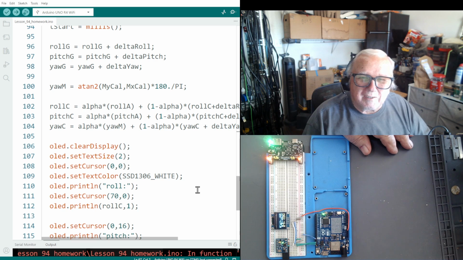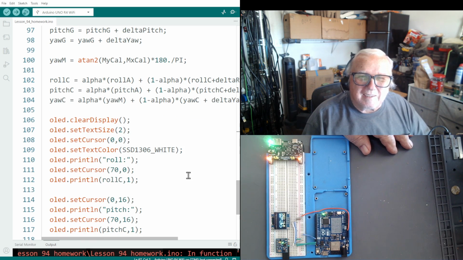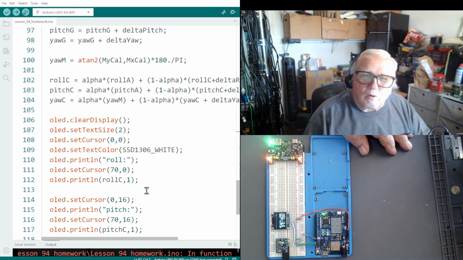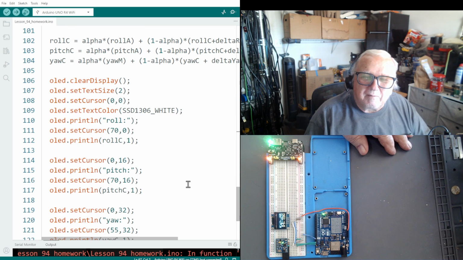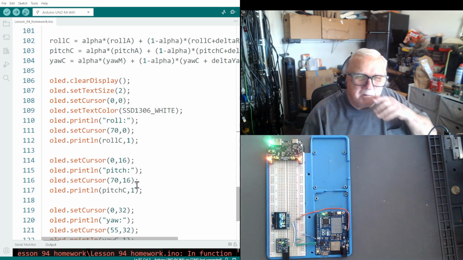And then I am down here. I say, okay, print line. The first line is 0, 0. I print roll, colon, and then I move it over to X of 70, and then I print roll C, and I limit the number of digits on that. The next line is 0, 16, which is X and Y, with a Y of 16, and gives you pitch.